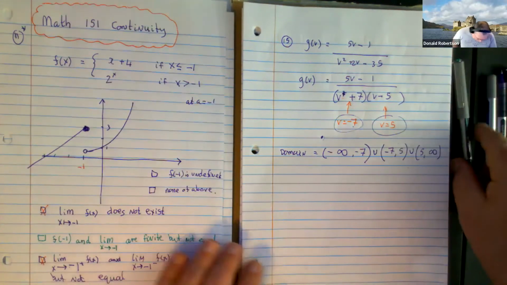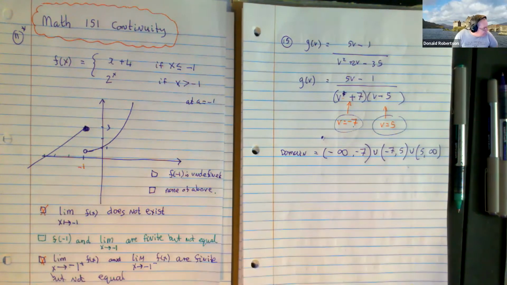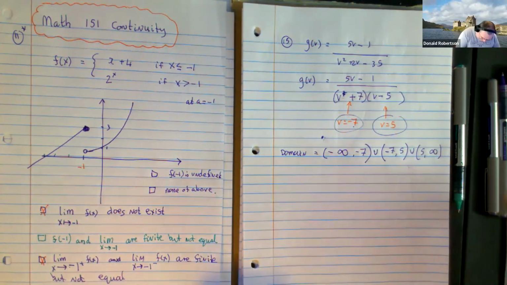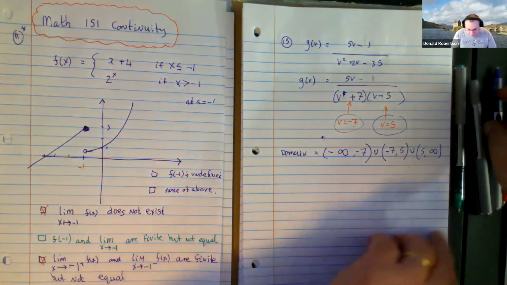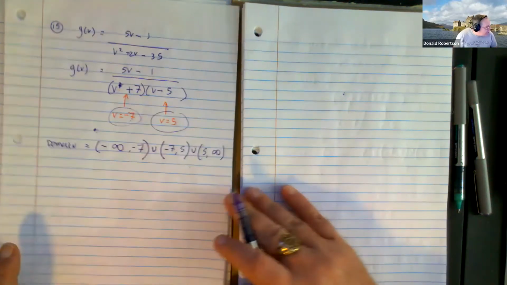So this function is only continuous in these intervals. Are we okay with that? And then pretty much there's just a whole load of questions where you put them into Desmos, and then you ask questions about left continuous, right continuous, what's the value of a function at a point.